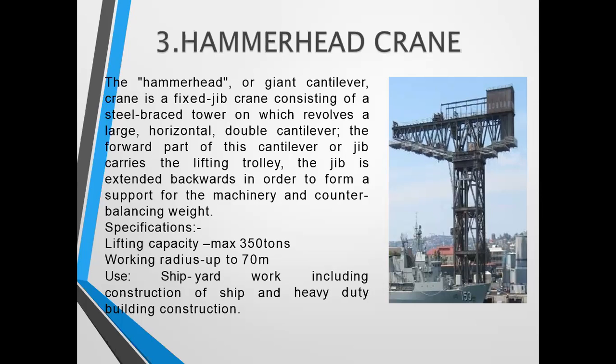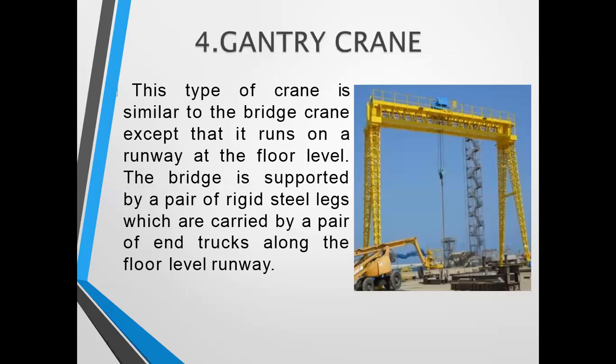The next type of crane is the gantry crane. The gantry crane has a hoist in a fixed machinery house or on a trolley that runs horizontally along rails, usually fitted on a single beam or two beams.